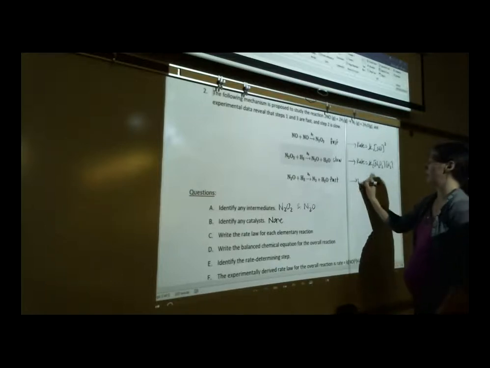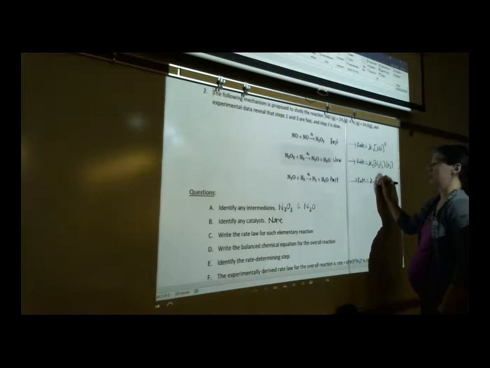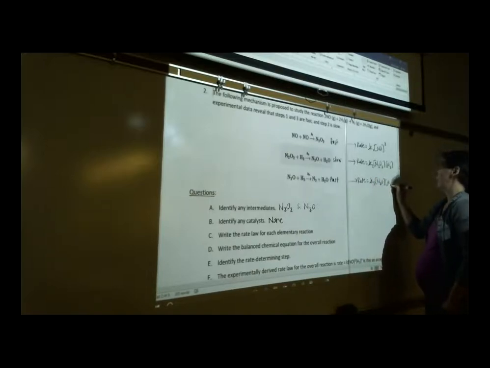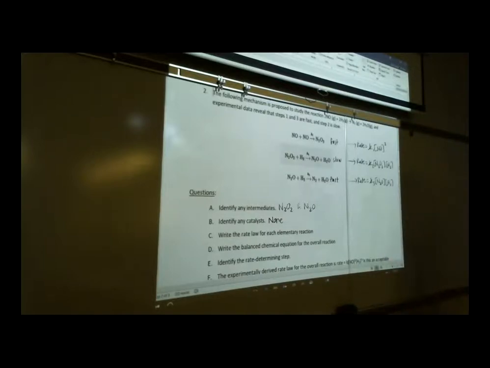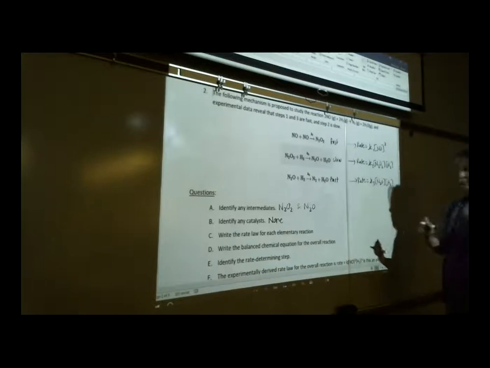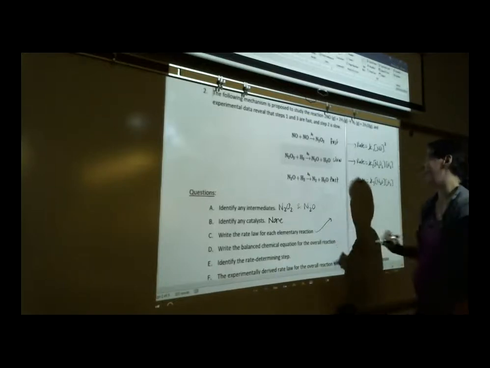And then rate equals k3 N2O H2. Do we agree there? Those are the rate laws for each elementary step. We just looked at the steps, their molecularity, and wrote it from there. Do we agree?